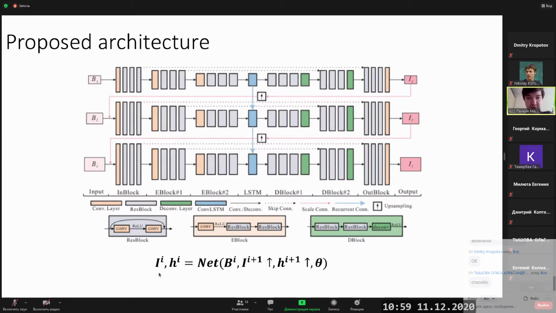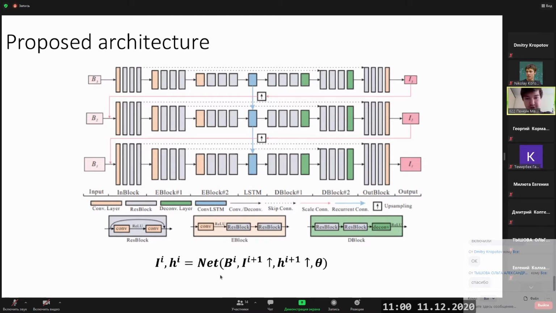So here is the formula of the whole network. We want to get I large, it is the resulting sharp image, and here is the auxiliary output H with index I, it is the bottleneck value from the current scale. And we feed into the network these values.